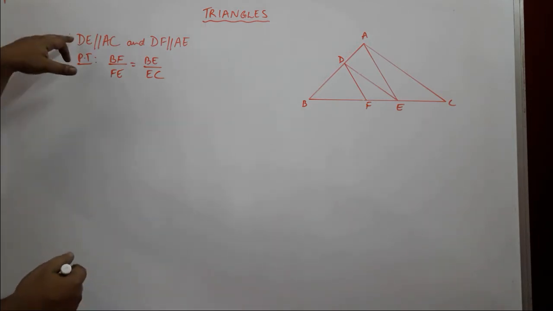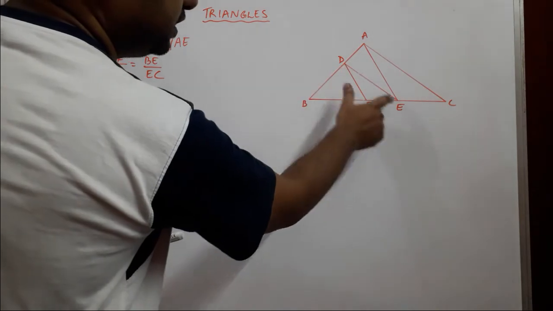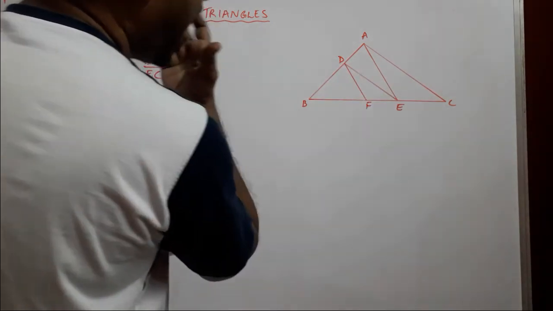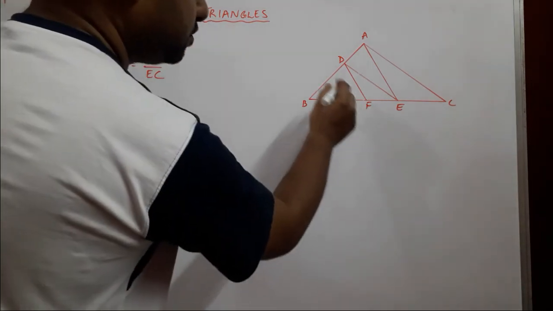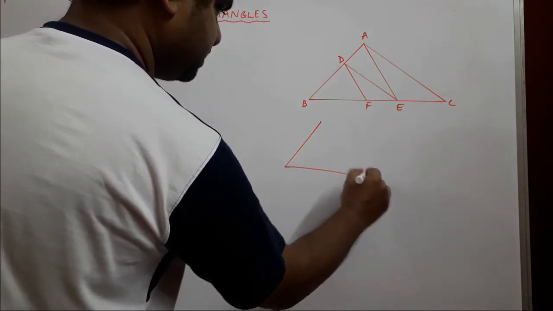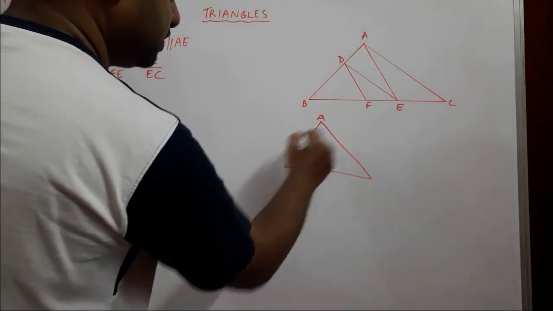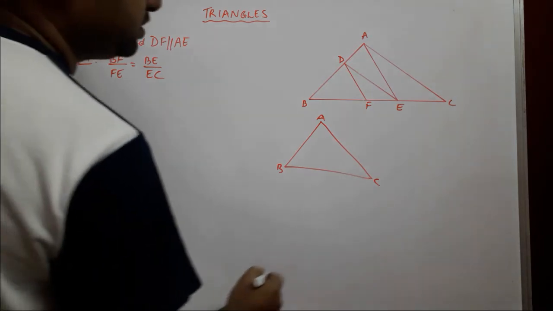If we have DE parallel to AC, where is DE parallel to AC? DE is here and AC is over here. So in this case, I'll just draw this triangle once again, a rough triangle this way, and I'll mark this outline ABC, and we need DE and AC.